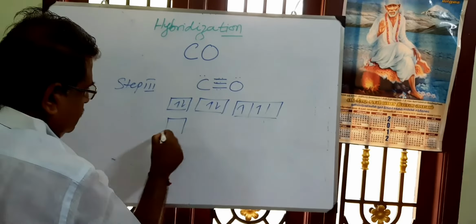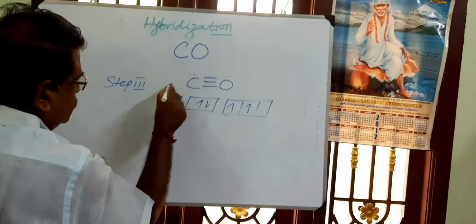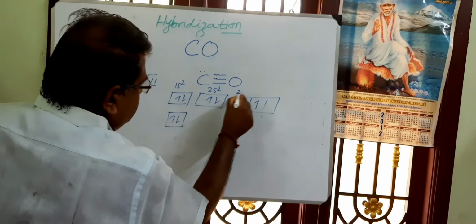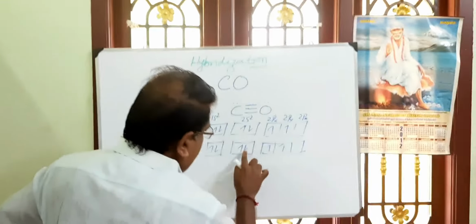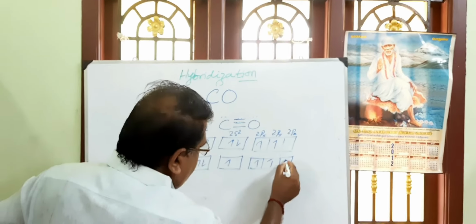Then the excited state electronic configuration: this is 1s2, this is 2s2, this is 2px, this is 2py, this is 2pz. This is the ground state electronic configuration of carbon. Now the excited state electronic configuration of carbon is going to be like this.